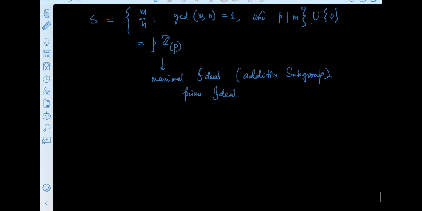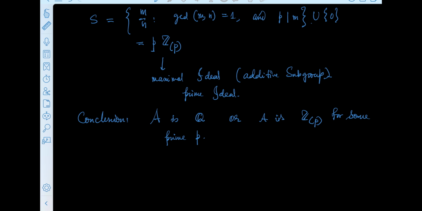So what is the conclusion? Conclusion is, there are two possibilities of A. A is Q or A is the local ring Z localized at P for some prime P. And we know the properties of these local rings, okay?